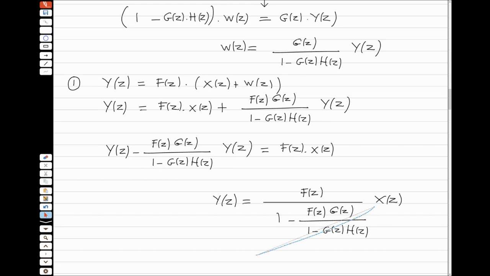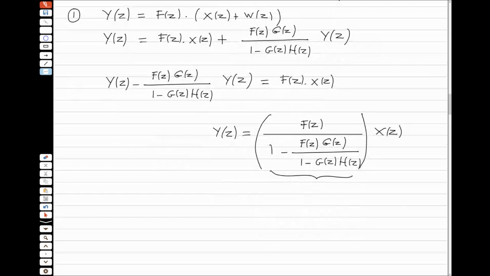And what you have here is the transfer function. I'm going to call it L of z. And that is the transfer function of the system.